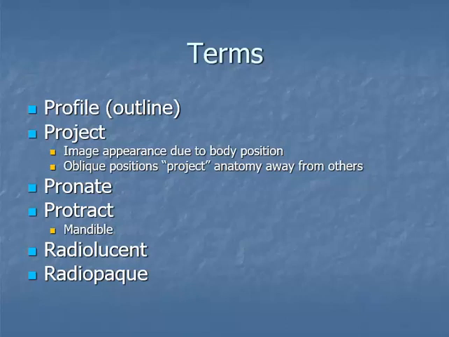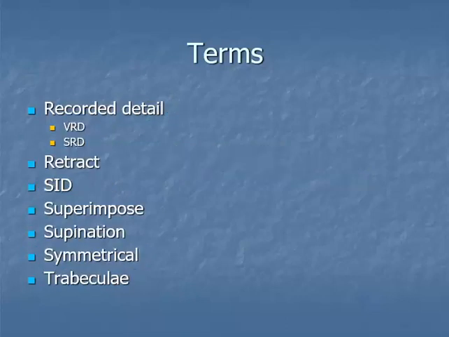Remember that radiolucent is something that easily passes x-rays through it. That doesn't mean it doesn't absorb anything. It just means that most x-rays are going to go through it. As opposed to radiopaque, it's going to absorb most of your x-rays. In recorded detail, remember we've got sharpness, we've got visibility.